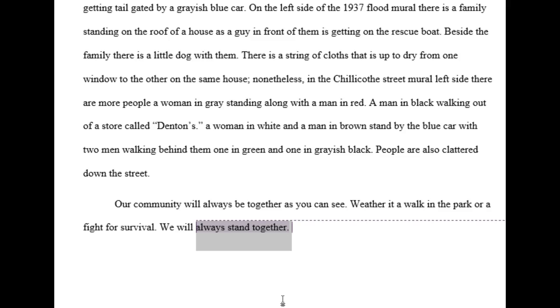It does find a sense of togetherness and unity, and we come together. And we do so more in bad times than good. Remember that the 1937 flood mural, you see a lot of people. You don't necessarily see a lot of people in the Chillicothe Street mural. What's that saying about this town? That could be an interesting idea to follow up.